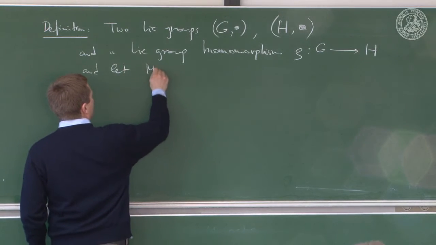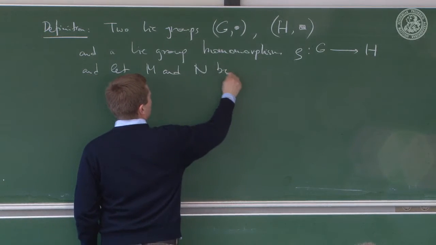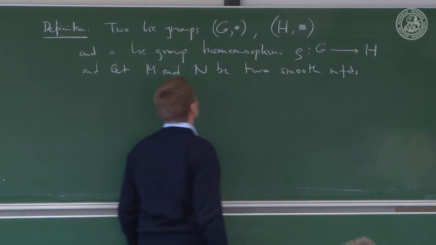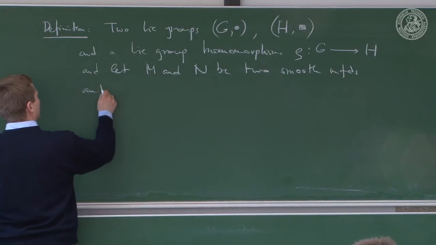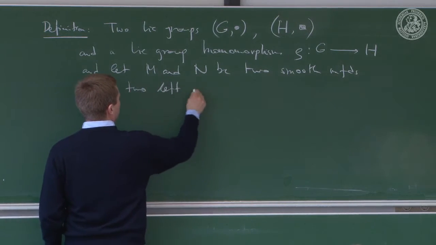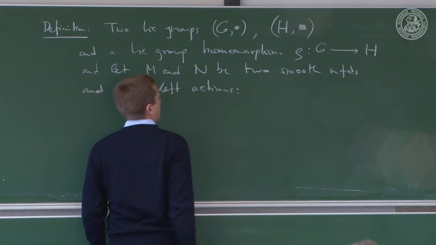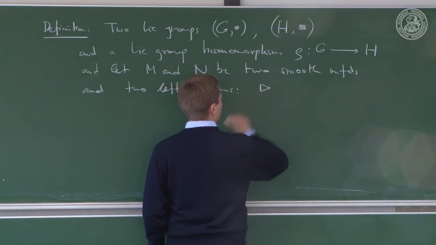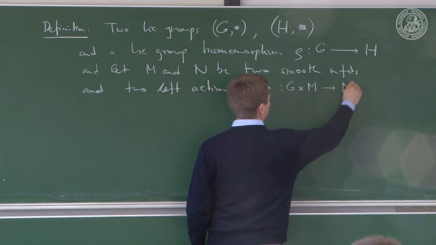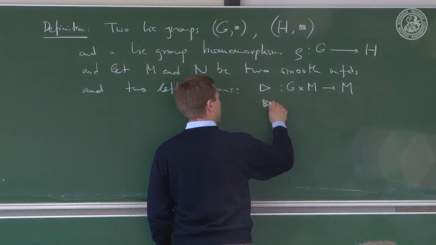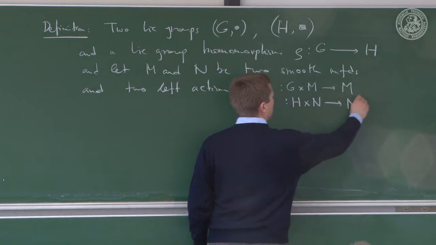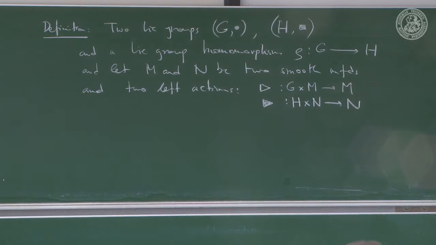And let M and N be two smooth manifolds and further let's have two left actions, namely one that we denote like this, a left action, so it's G cross M into M, and the other left action, let's take a filled triangle, is from H cross N into N. So two Lie groups, two manifolds.